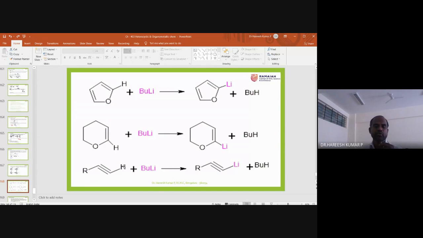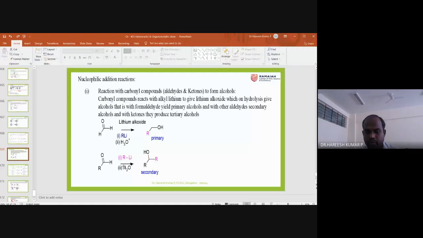With this, I will move to the next slide. It will give you some addition reactions to the carbonyl carbon, that is, what happens when organolithium is treated with carbonyl compounds. This is a nucleophilic addition reaction.